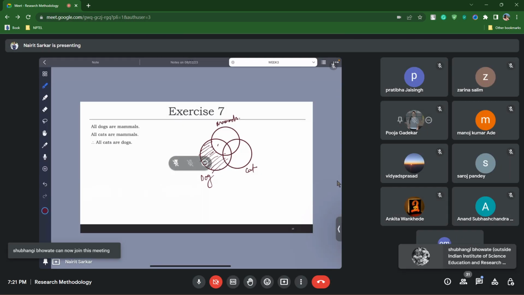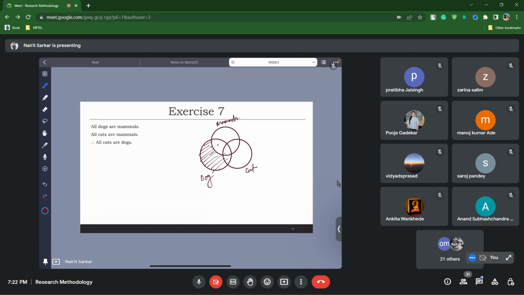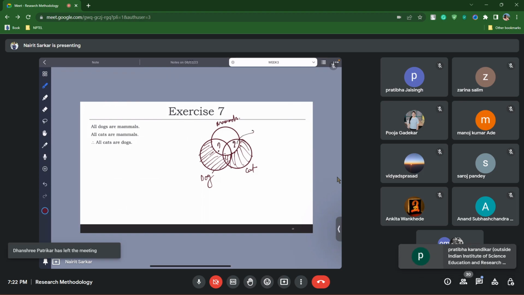Valid or invalid? Invalid, sir. Invalid, because these two areas are not shaded, right?